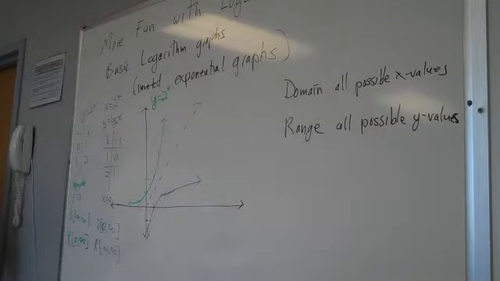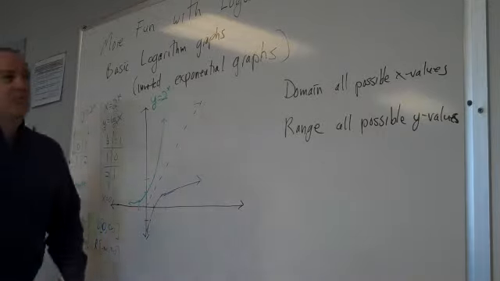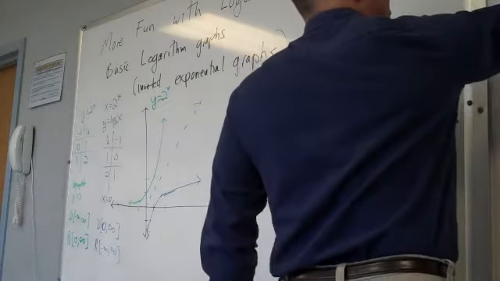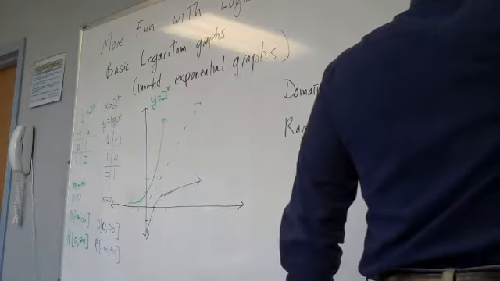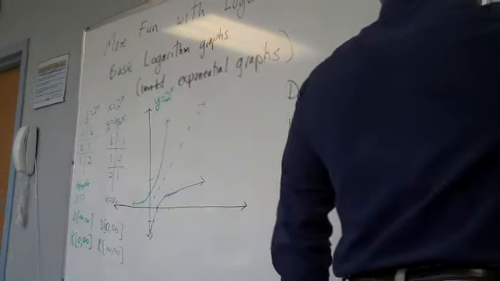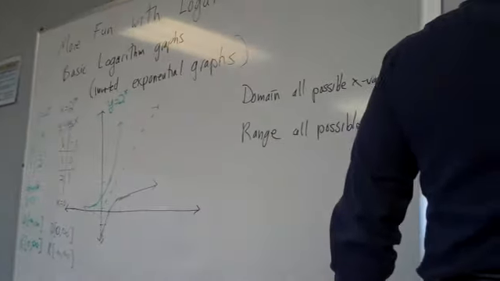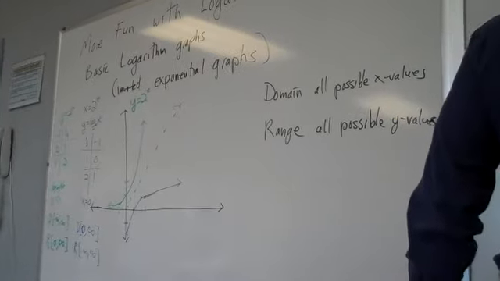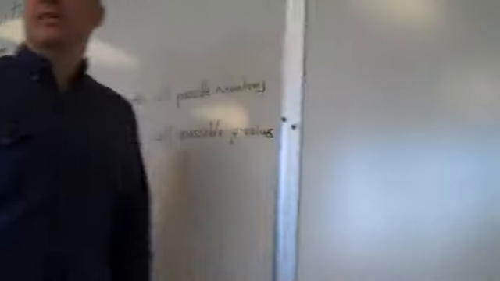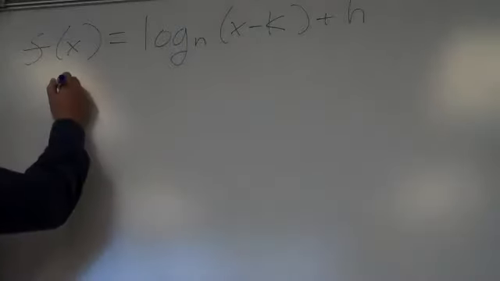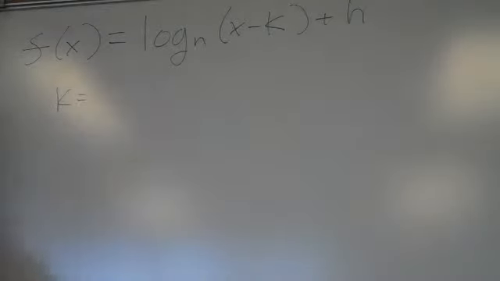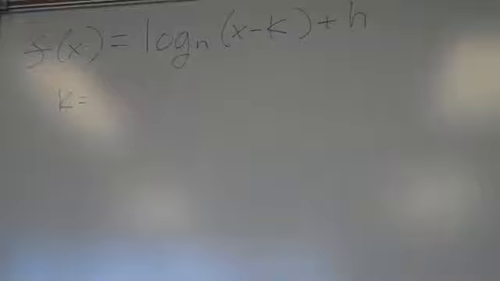Now, shifts work the same way. If you have f of x equals log base any number of x minus k plus h. And I don't believe we'll be dealing with any coefficients on the homework tonight, so there's no a. What does k tell us to do?